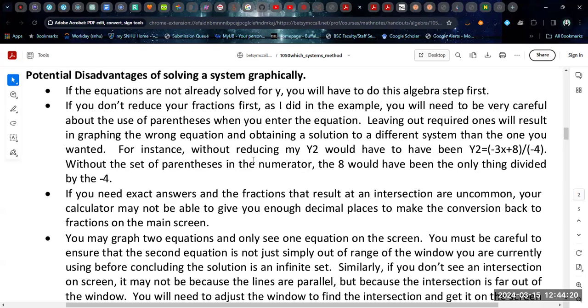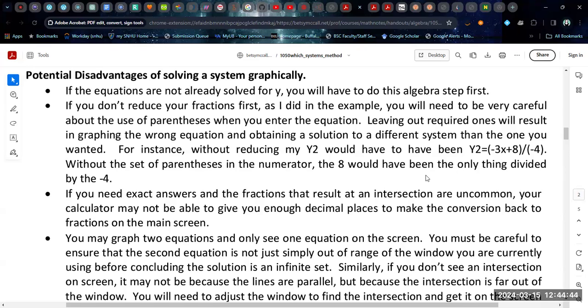So for instance, not reducing my y2 equation in the previous example, I would have had to enter it with the numerator surrounded by parentheses, and then divide by 4. If I had forgotten to put parentheses around my numerator, then only the 8 would have been divided by the -4 and not the 3 as well.